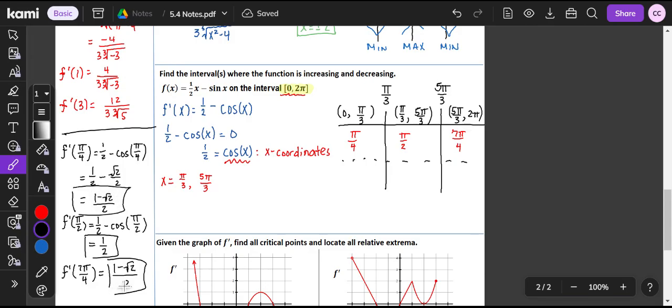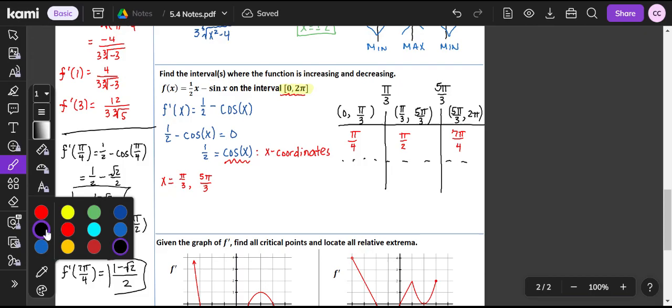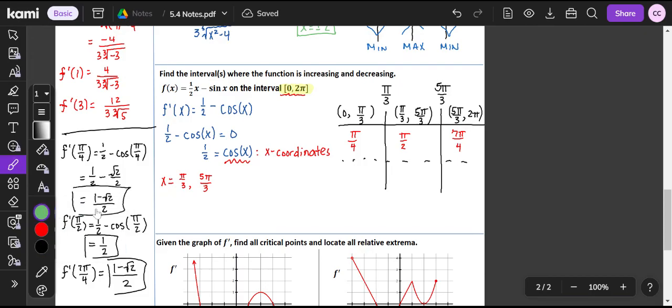This is going to be negative, and this is going to be negative. So I know for my intervals, on the first interval, I must be decreasing because my test value was negative. And I know on the last interval, I must also be decreasing. And then for my middle interval, I got a positive 1/2, which means I must be increasing.